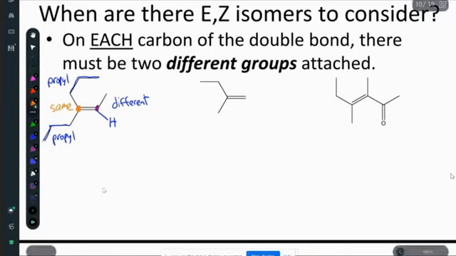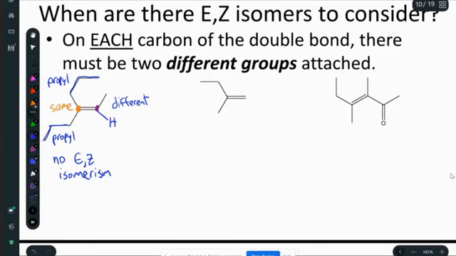So in the case where the two groups on either of the carbons are the same, there's not going to be any easy isomerism to consider. So this first one, I wouldn't need to say E or Z, because if I switch those two propyl groups, I still have the same molecule.